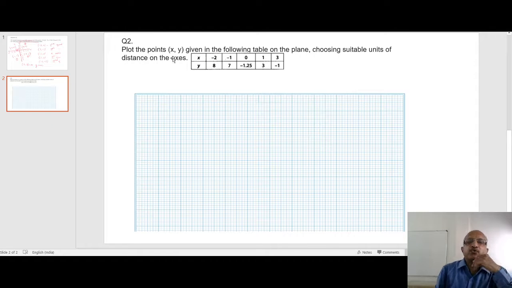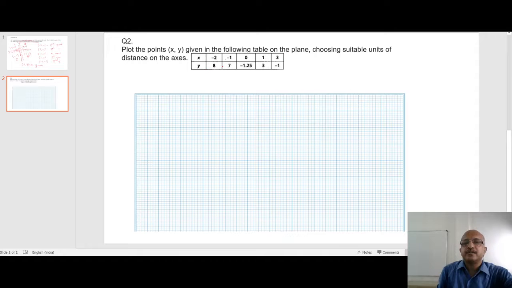Now let us go for the next question. We have to plot the points in a Cartesian plane by taking a proper scale. So here, first we have to decide the scale based on the data. If you see here, x is up to -1 on the left hand side and up to 3 on the right.